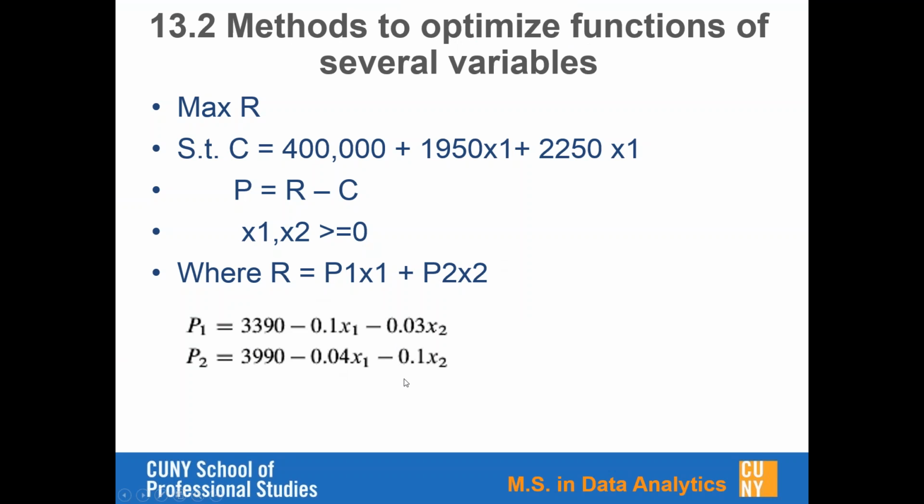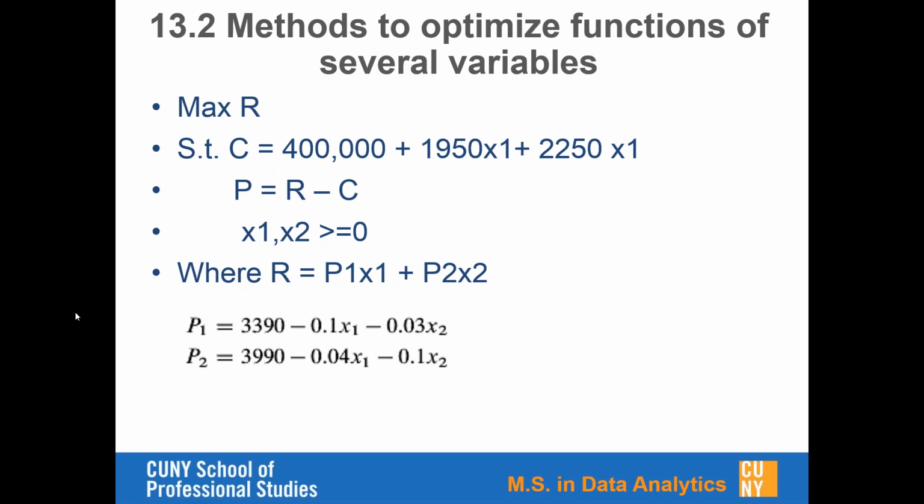Similarly, on the first component, you would have x2 times x1 as well. So that's why it now becomes a nonlinear function instead of a linear function, right? And then we are subject to certain constraints. This usually would be some sort of budget constraint or some sort of capacity constraint.